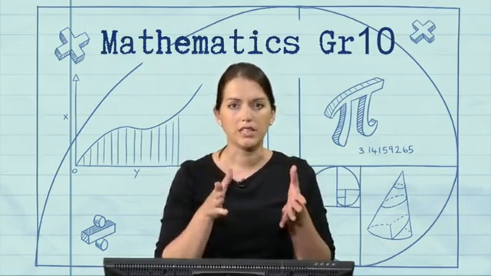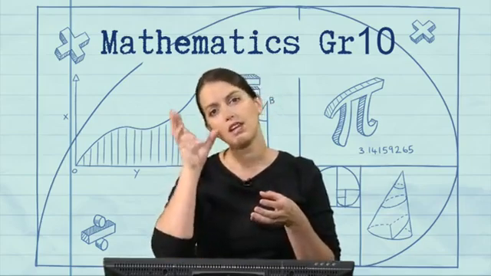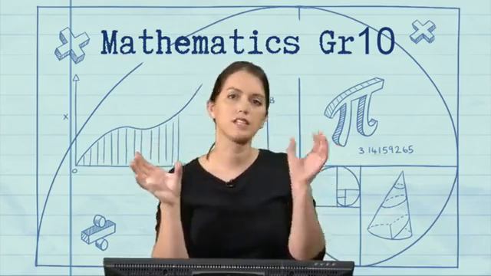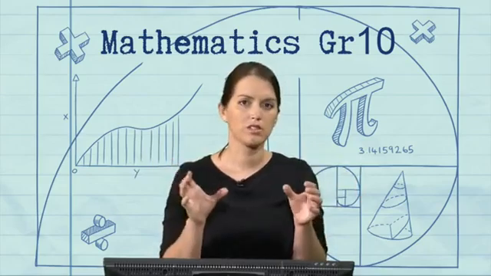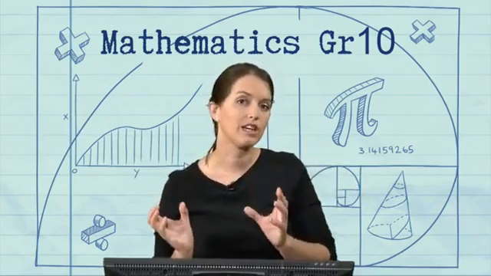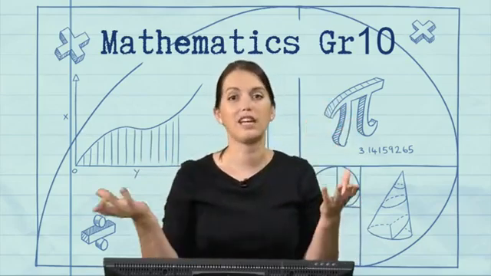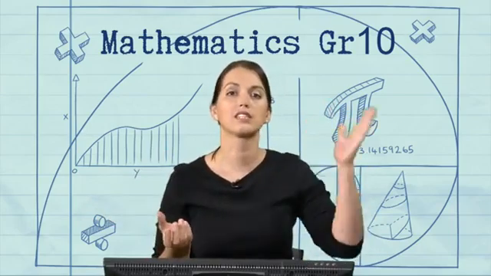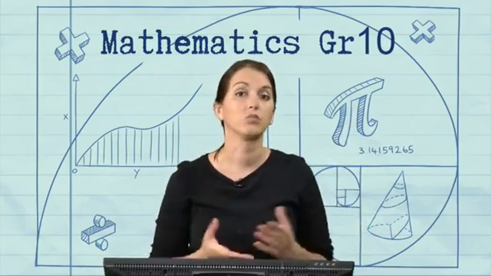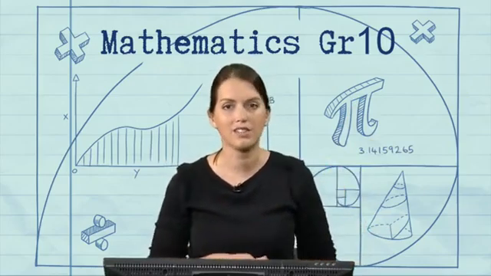So think about it. If a is bigger and b is smaller, then a minus b will give me a positive number. But if a is smaller and b is bigger, so if a is 2 and b is 7, 2 minus 7 is going to give me minus 5, so that will be a negative answer.